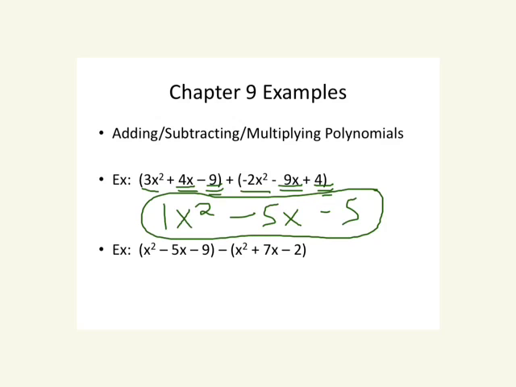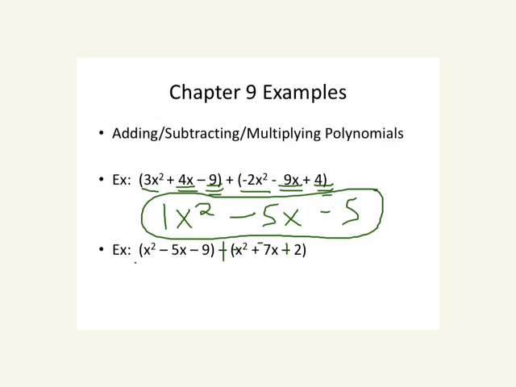Alright, example 2 from chapter 9. We have x squared minus 5x minus 9 minus x squared plus 7x minus 2. So to solve one like this, we see that subtraction. Subtraction, we don't like to do it. We change it to addition, and then everything behind it becomes its opposite. So in that second set of parentheses, x squared had to become negative x squared, 7x had to become negative 7x, and minus 2 had to become plus 2.